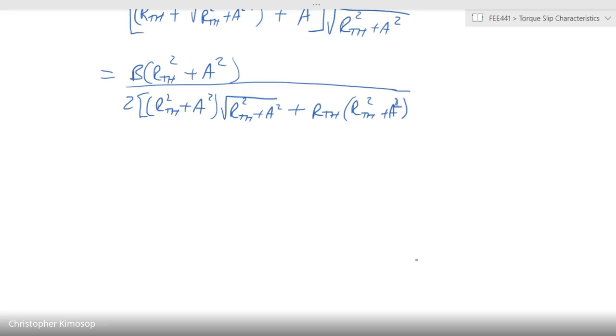Now, unfortunately, even with substitution of B and A, this is a long algebra.